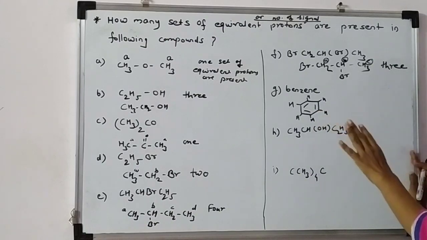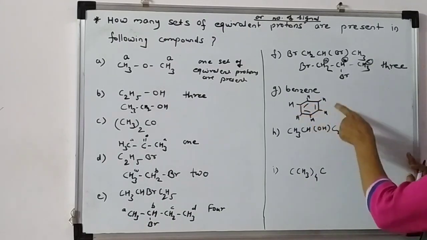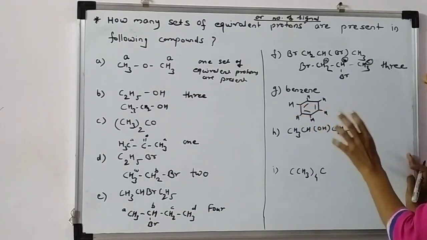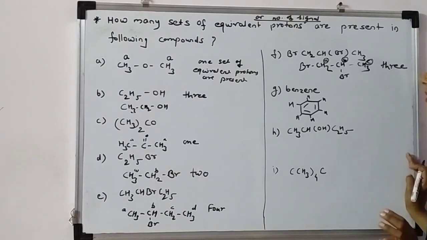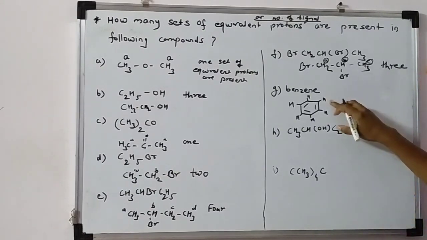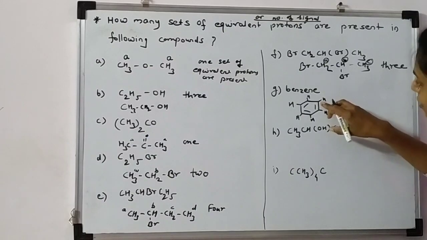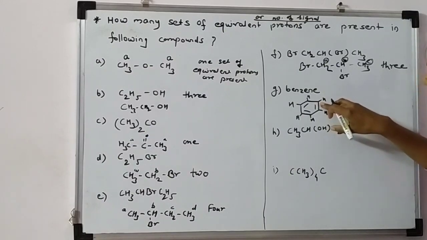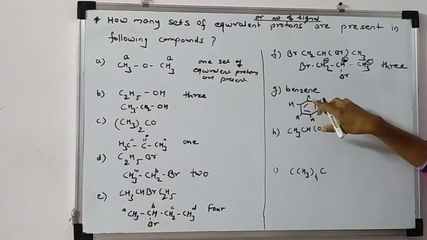The structure of benzene is planar, and all 6 protons have a similar electronic environment. Each proton is attached to an alkene carbon, with a double-bond carbon and a single-bond carbon next to it, and the same situation repeats all around the ring.